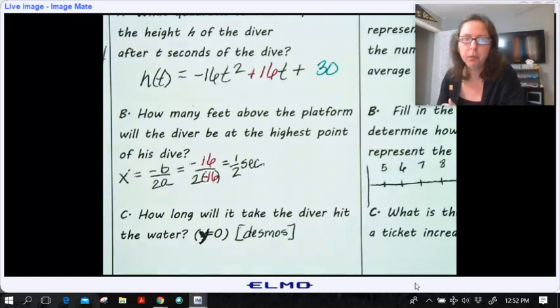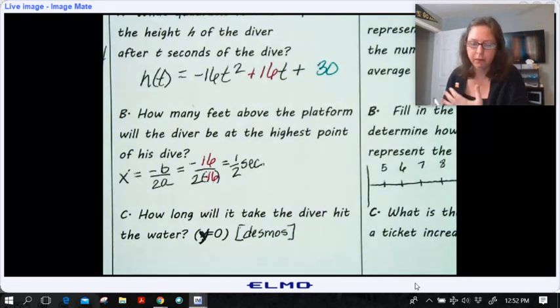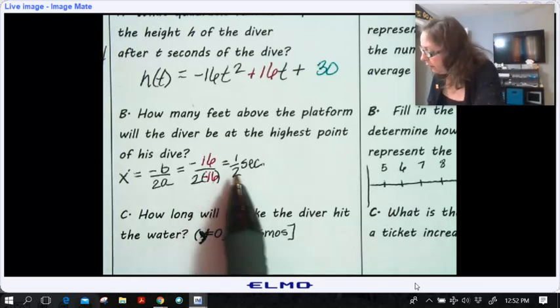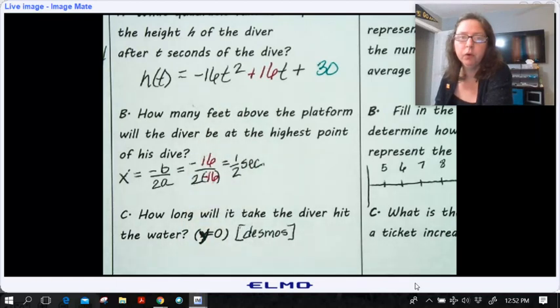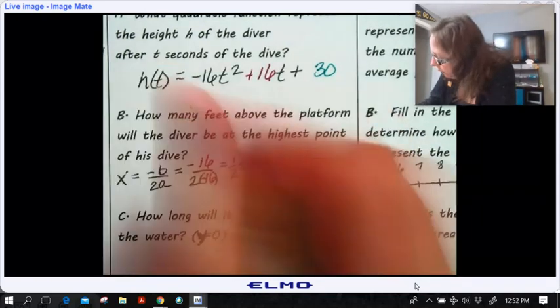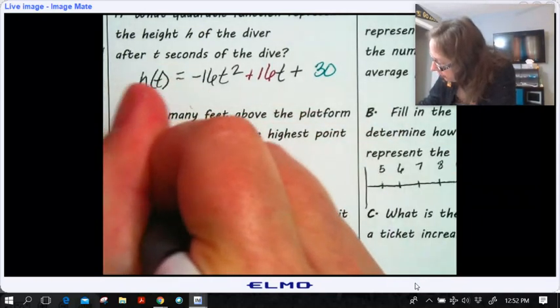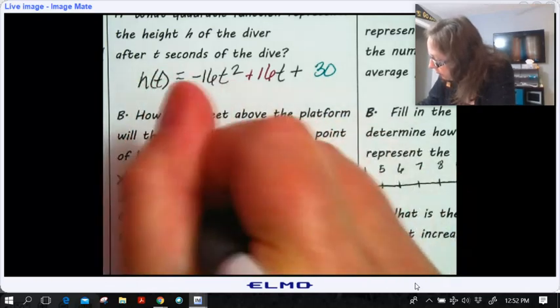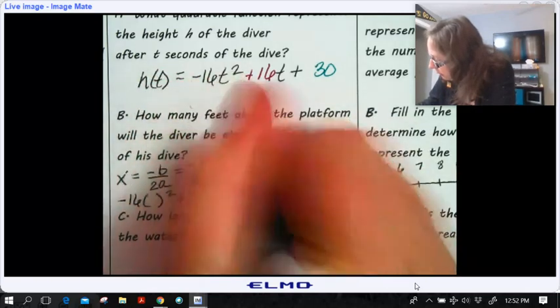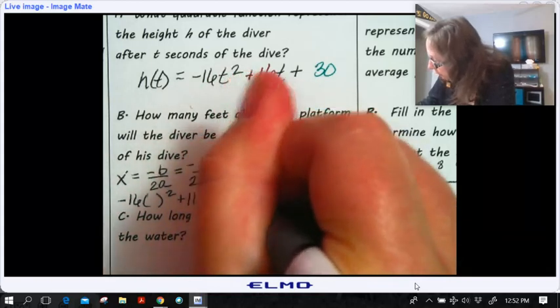Okay, now let's find the height. All right, his maximum height is going to be where we have to plug in. We have to plug in this 1/2 to this equation in order to figure out the height. So let's go ahead and do that. Negative 16 squared plus 16 plus 30.